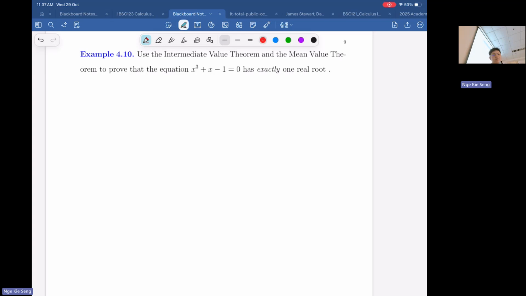Then what's the continuous function you want to have here? Is it obvious? Is there a function you see here?